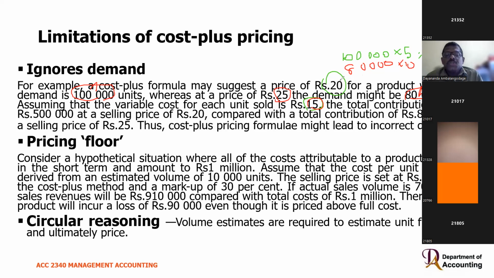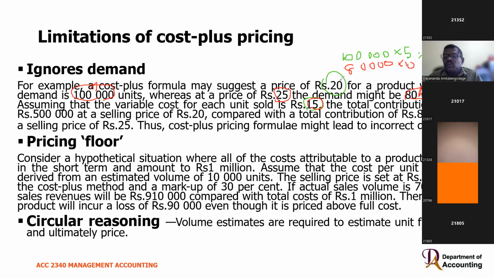Consider a hypothetical situation where all the costs attributable to the product are fixed in the short run, an amount of 1 million. Assume that the cost per unit is 100, derived from the estimate of selling 10,000. The selling price is set at 130 using the cost plus method with a markup of 30%.